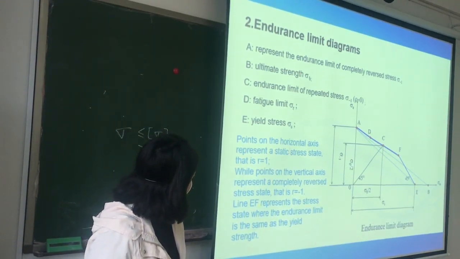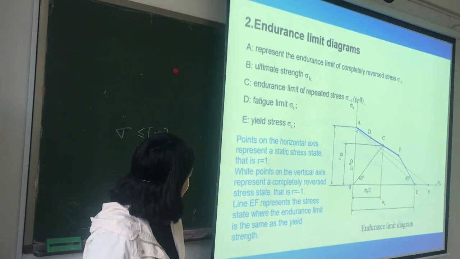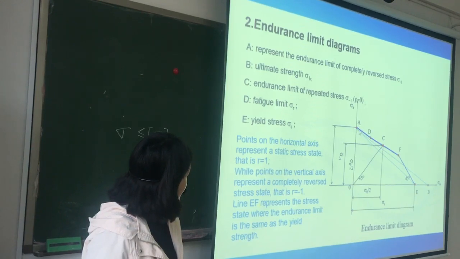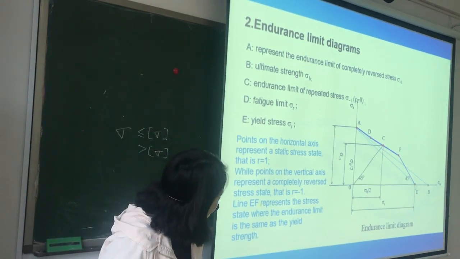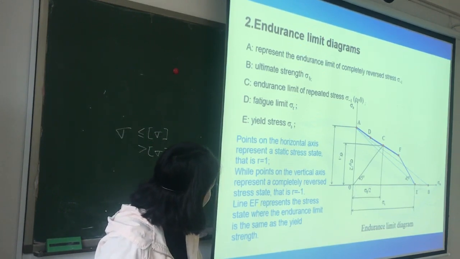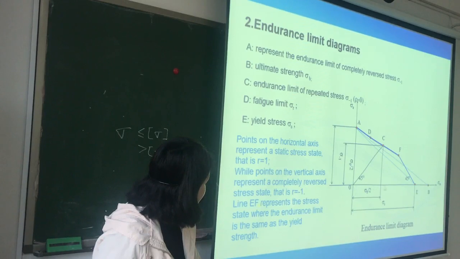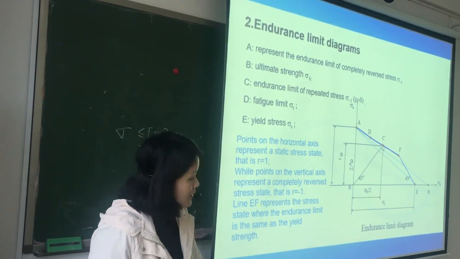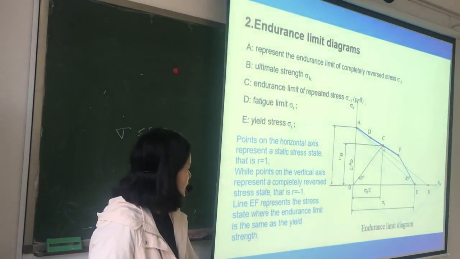So this point A represents completely reversed stress, and the points on the horizontal axis represent static stress. Okay, and the point C represents the repeated stress.